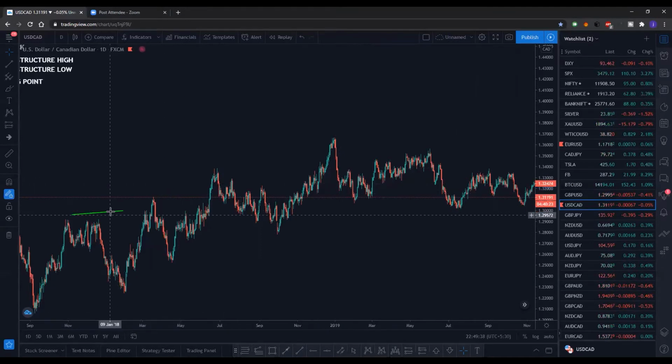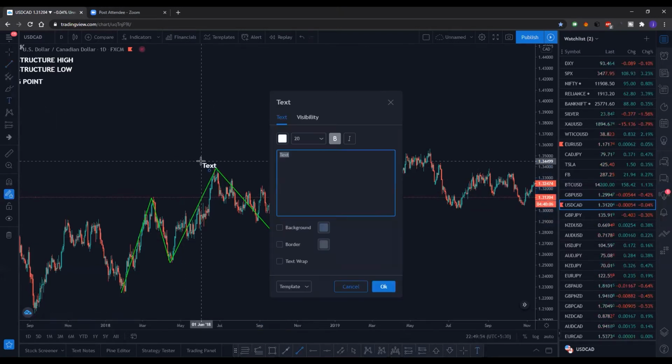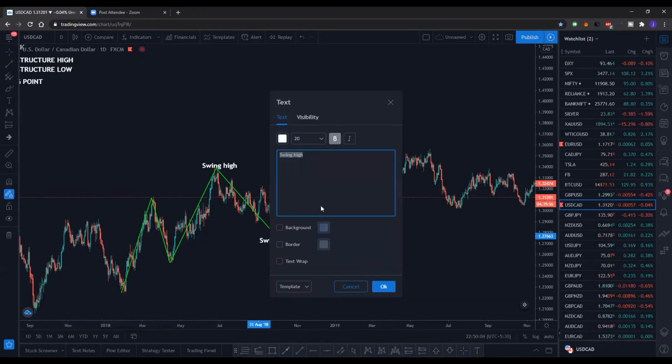What I mean by swings is, last time I told you to connect all those turning points, right? So basically the turning points are called the swings. The major turning points. So this will become the swing high, and this will become the swing low.